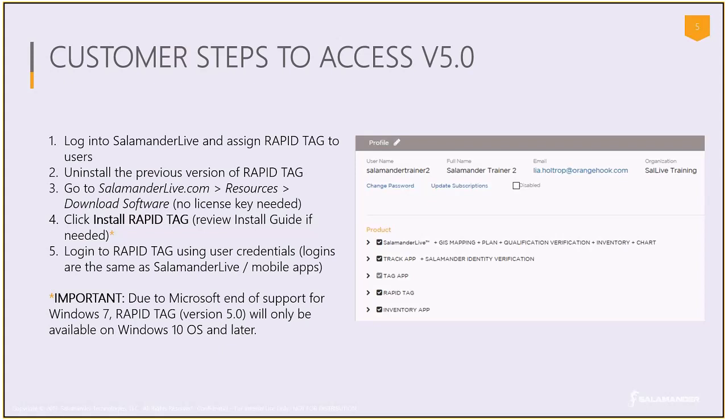All right. So how to access version 5. Once RapidTag is added to your account, there's one thing that you need to do, and this is because of the licensing process.